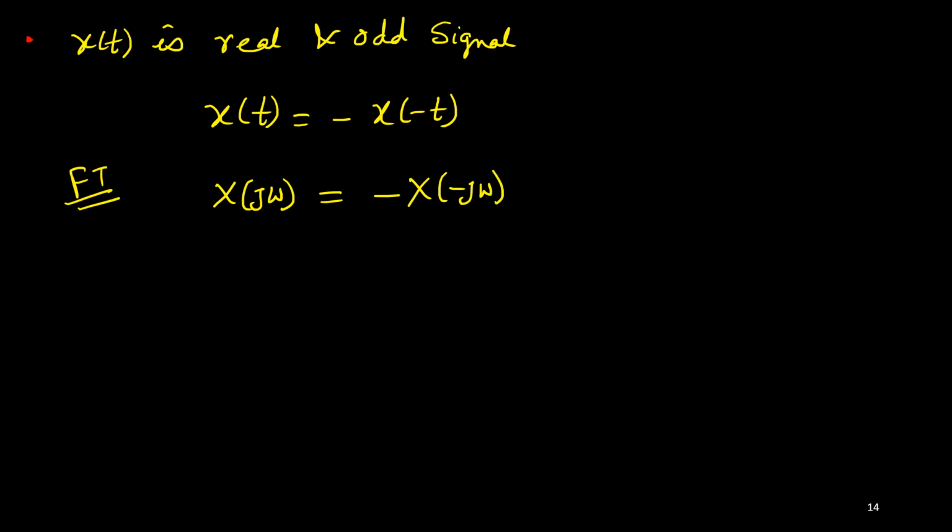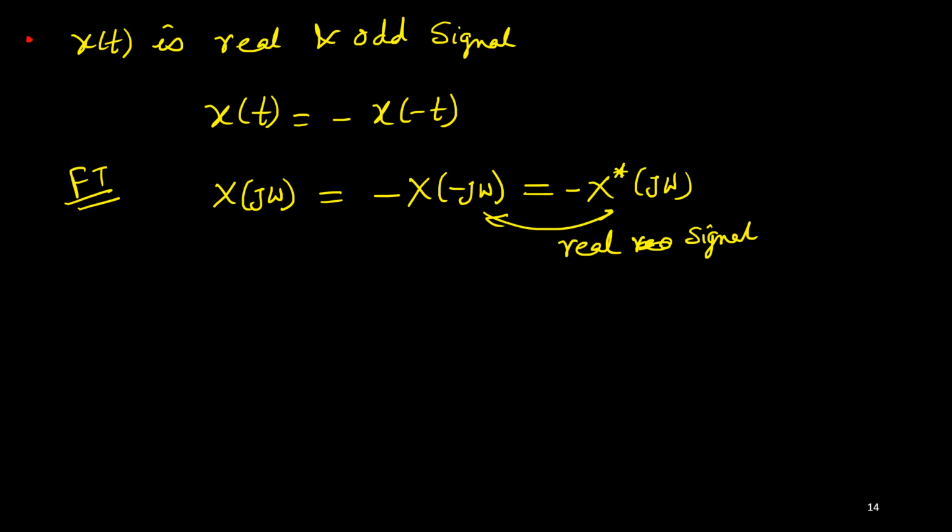And now X of minus j omega, again you can equate with X star of j omega, and it has a minus sign. These two relations are due to it being a real signal. Remember, this is for real.